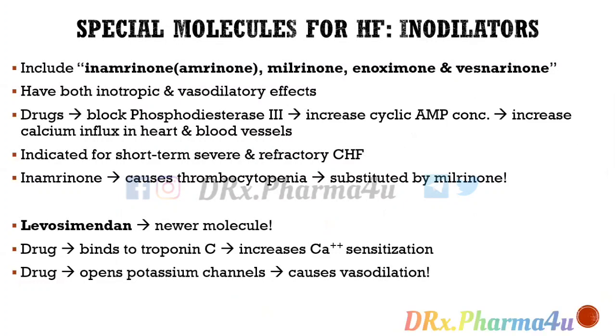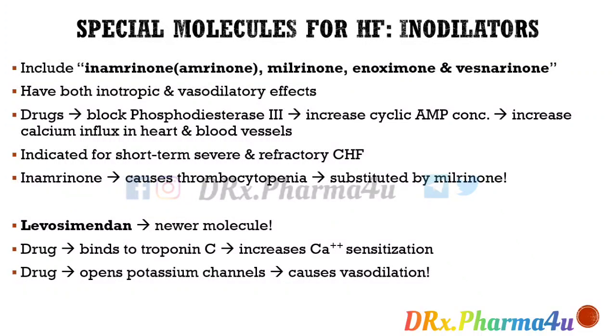There are some special molecules for heart failure. Some of these are already in the market and are used in hospitals as well. We have inamrinone, milrinone, enoximone, and vesnarinone. They have inotropic and vasodilatory effects, so that is very good. They block an enzyme known as phosphodiesterase 3, so they increase the cyclic AMP concentration.